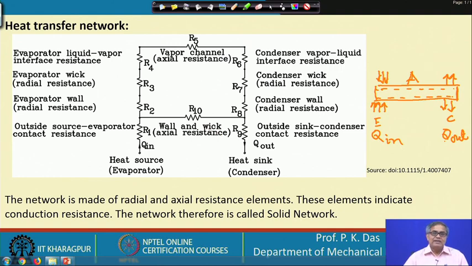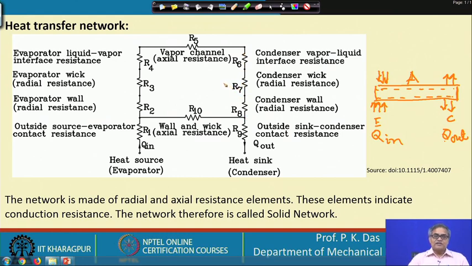So, we can see that there are two paths, one through the metallic structure directly from the evaporator to the condenser. Another is more or less through the radial path. Of course, there will be the vapor channel. So, more or less most of the resistances are the radial resistances.